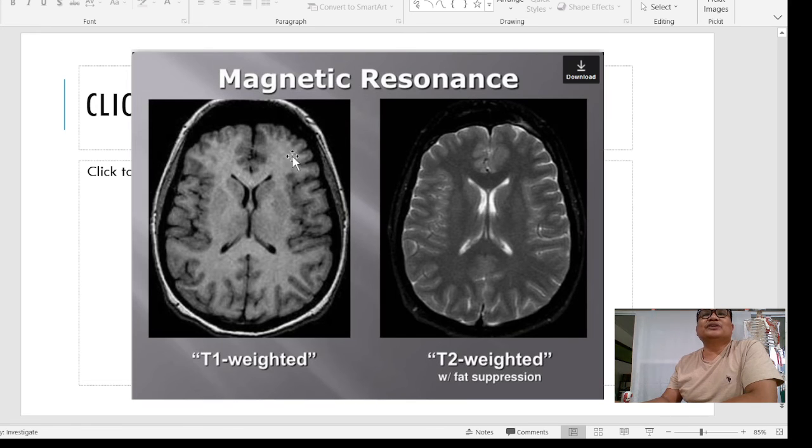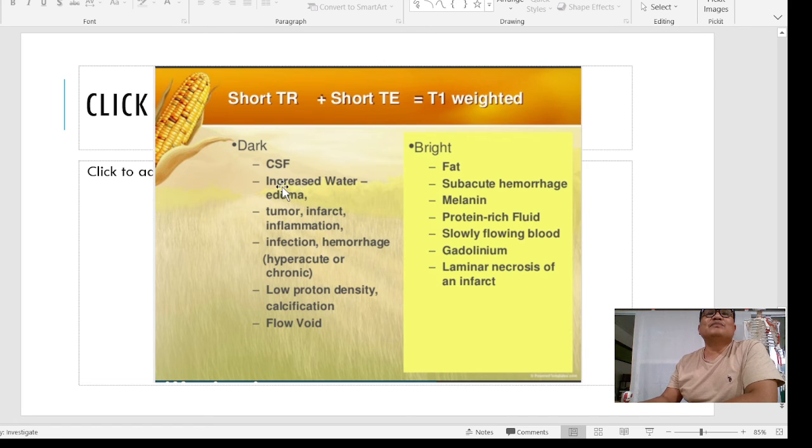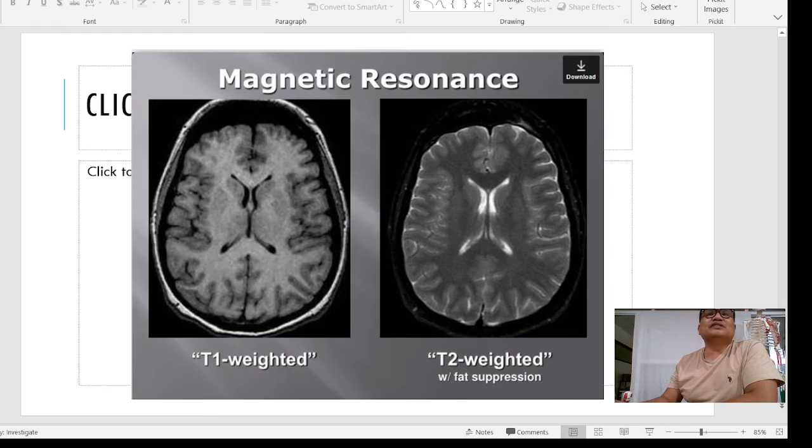So this is now your T1. So look at the T1. Di ba, CSF is black. No? So this, going back here, CSF is black, edema, tumor, infarct, inflammation, hemorrhagic, low proton density. Ang imuhang bright dra is fat, subarachnoid hemorrhage, melanin, protein rich. So kani kay mga protein rich man na, no?